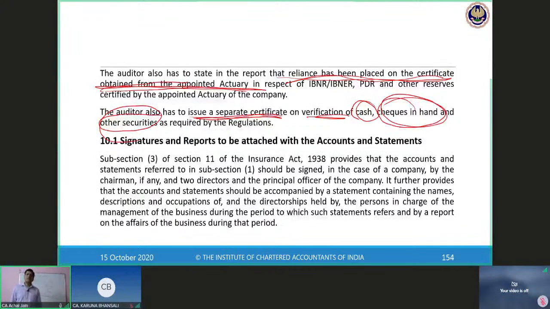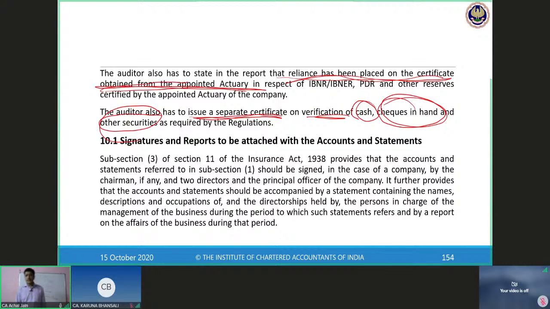Why? Because these are considered to be another important component in the financial statements or in the balance sheet of any insurance company. So that's why the auditor will be required to focus on these items. He will be required to not only audit these items, but a separate certification is required to be given.